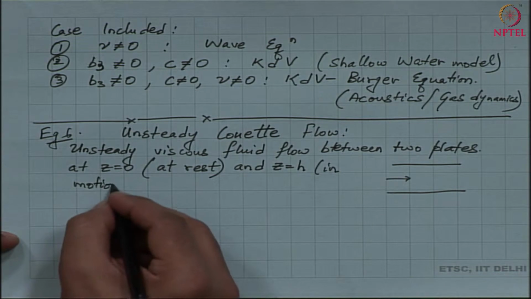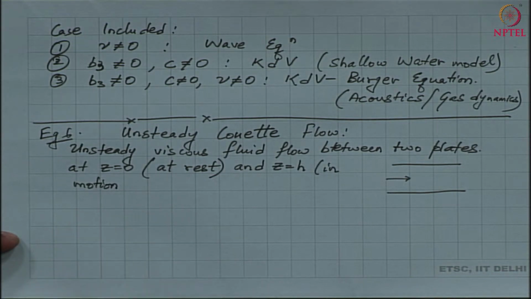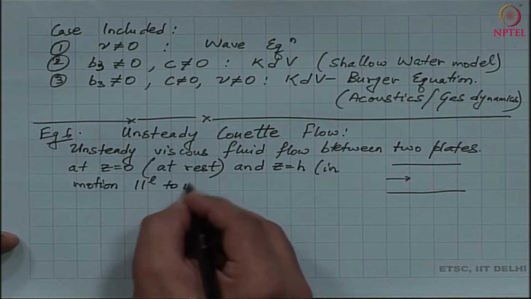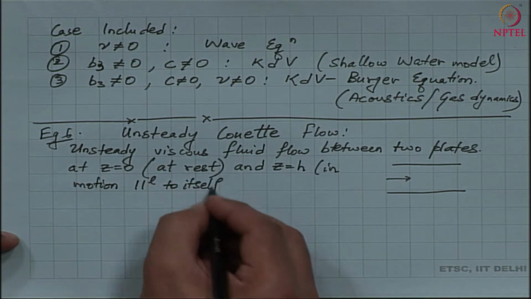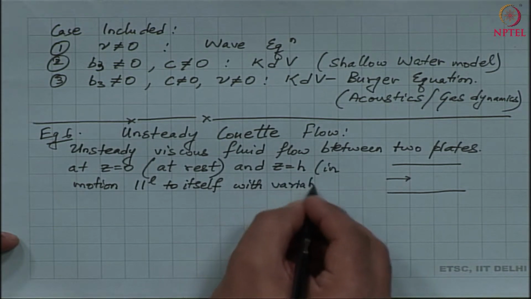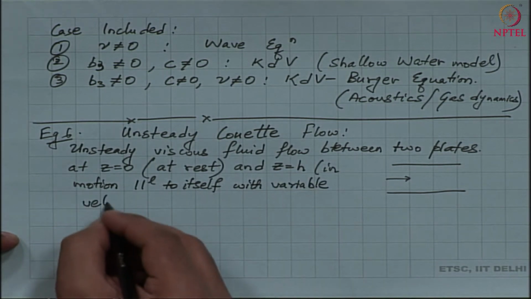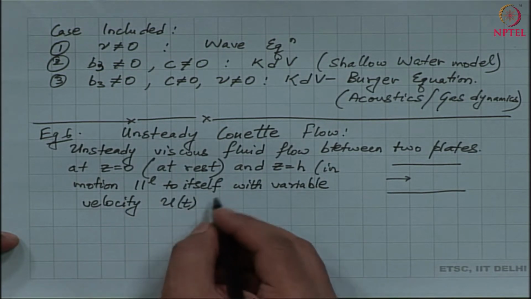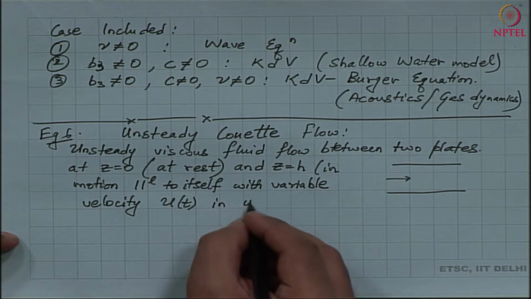The z equal to h plate is in motion, which is parallel to itself with variable velocity u of t, okay, in x direction.